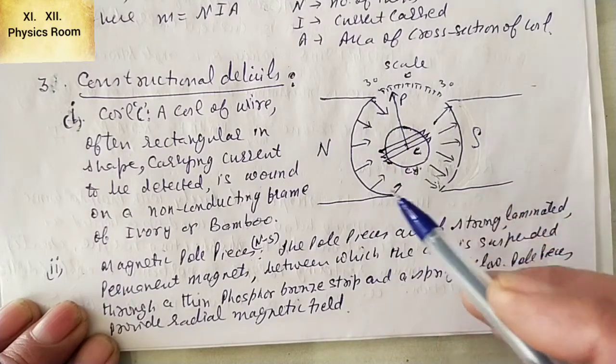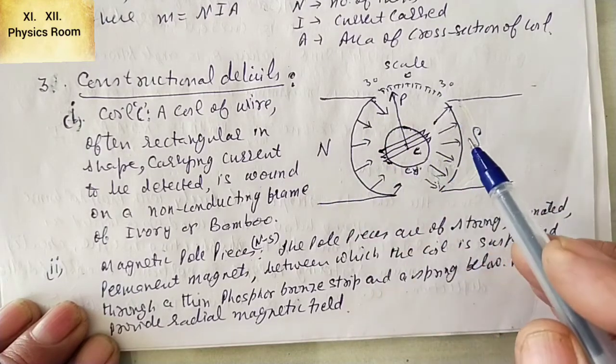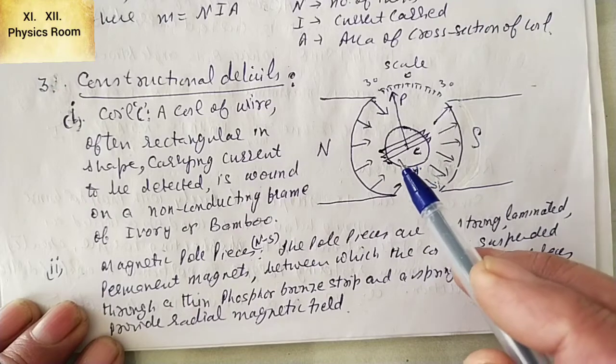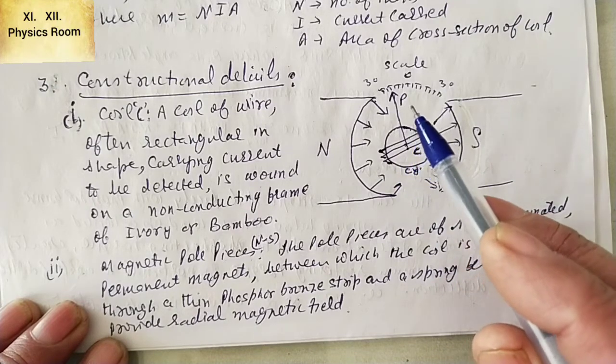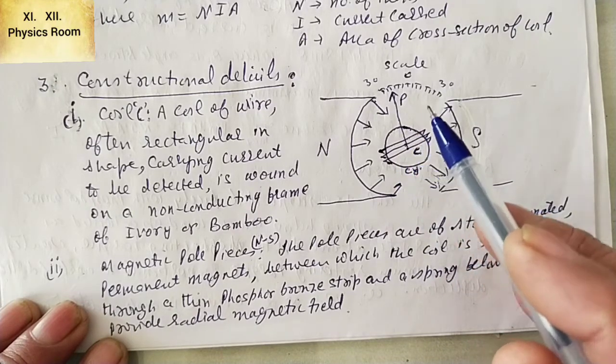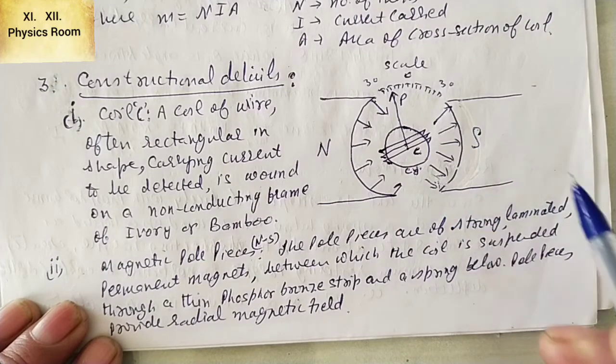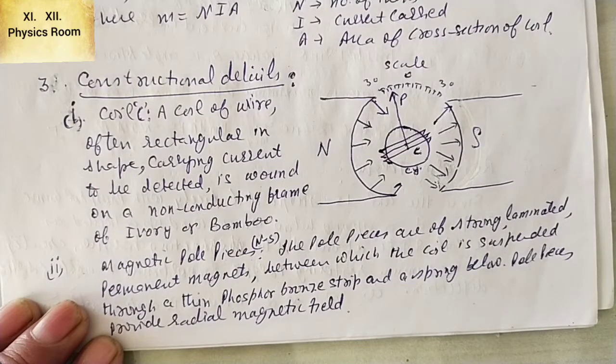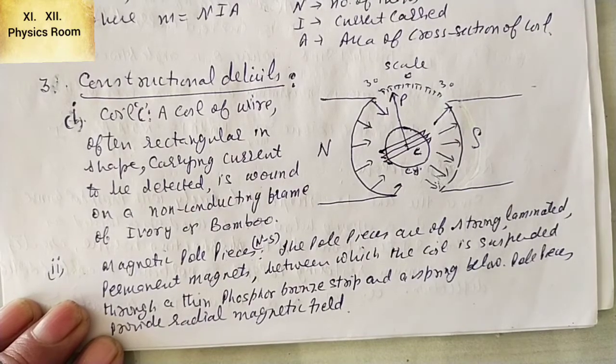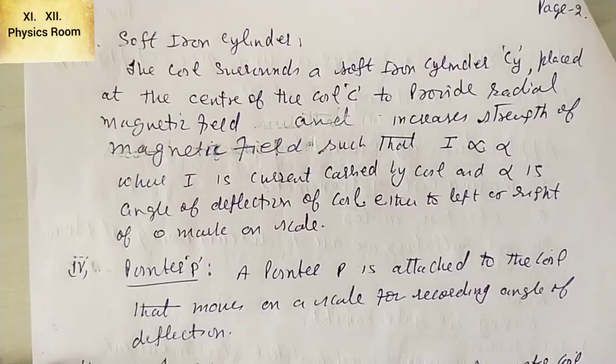This coil is suspended with a phosphor bronze strip, and below there is a spring. So phosphor bronze strip and spring are used to suspend freely the rectangular coil between pole pieces.